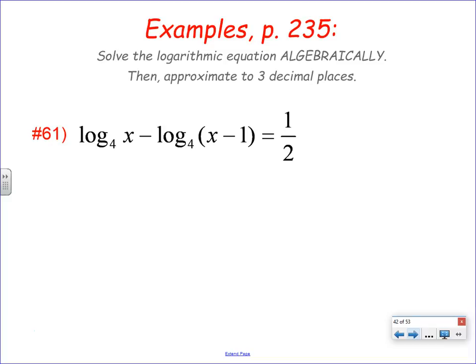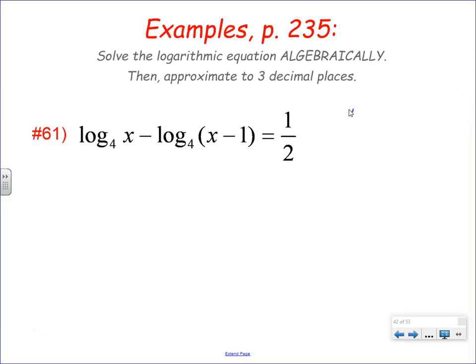Can anybody explain why, since there's not a 0 on this side, I can't just add the other log to the other side and do the 1-to-1 property? Why can't I just say x equals x minus 1? See it? If it was a 0, that'd be perfect. That's the easiest, the best way to go.